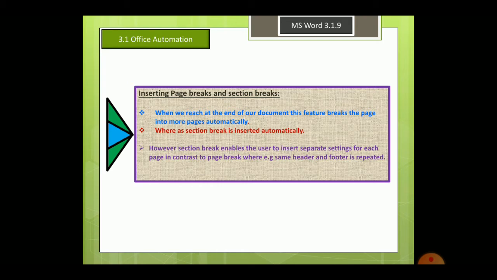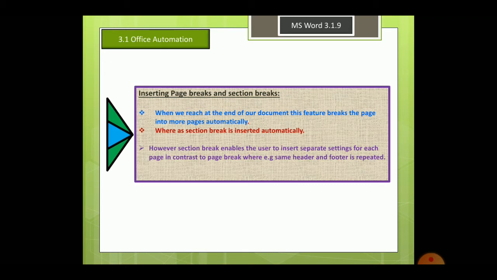This feature is called the page break feature, where when your page is filled with data, it automatically goes to the next page. You can also do it by accessing the Page Layout tab and clicking on the Breaks icon.